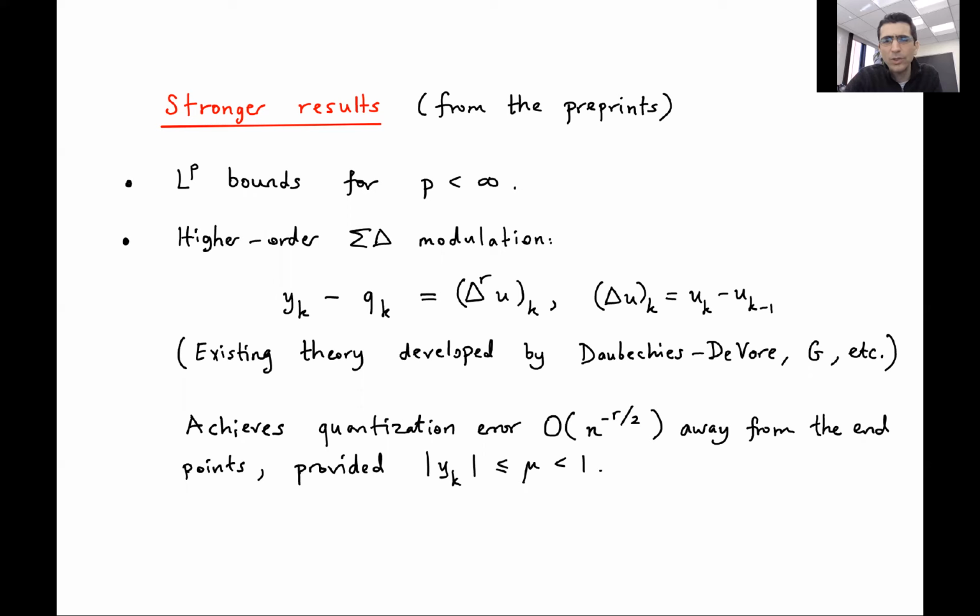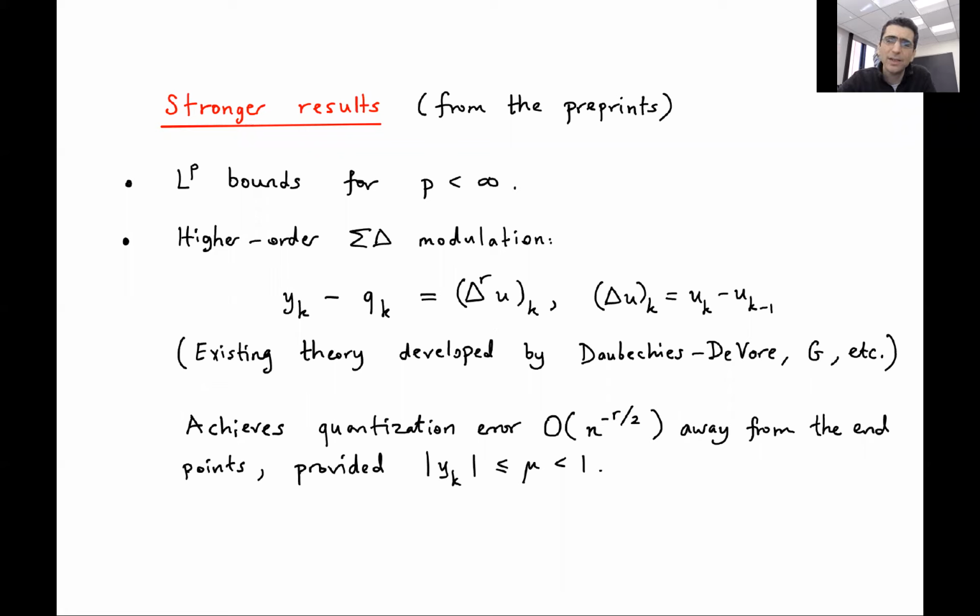We also work out how to do higher order noise shaping. That means we look for mappings from yk to qk such that the difference is even more highly oscillating. One canonical way of doing this is setting up the difference equation to be an nth order difference of a bounded sequence.